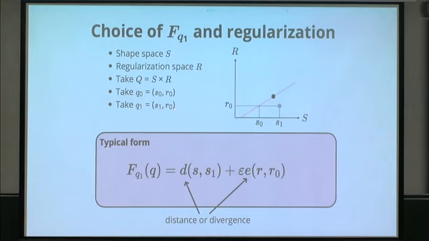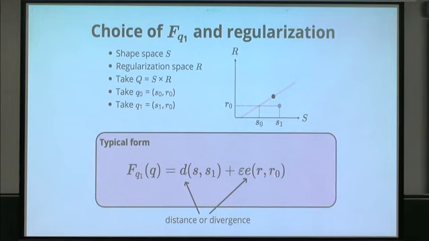And then a typical form of the functional is something like this, where the first term measures the distance between S and S1, and the other term measures the distance between R and R naught. So somehow this means that we want to minimize this, but we also want to minimize this, so we don't want to go too far away from R naught. So that's why I think of this as regularization.